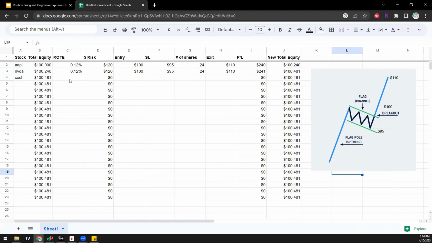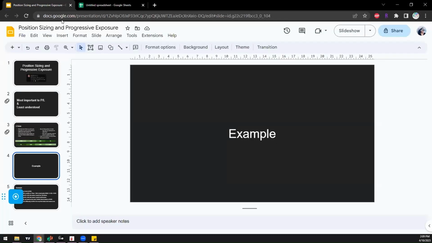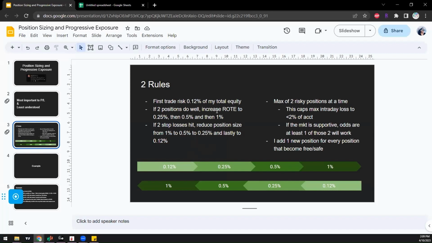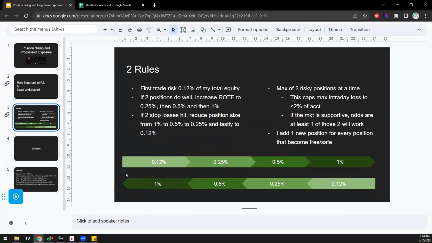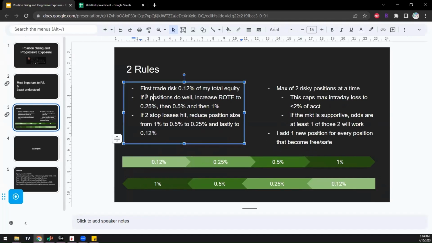Now, will I continue to trade at 0.12%? No. We've already had 2 profitable trades with this risk. So I'm ready to increase my position size to 0.25. And that is simply from this rule, if you remember, which is once you have 2 positions that do well, then you increase the risk to 0.25.